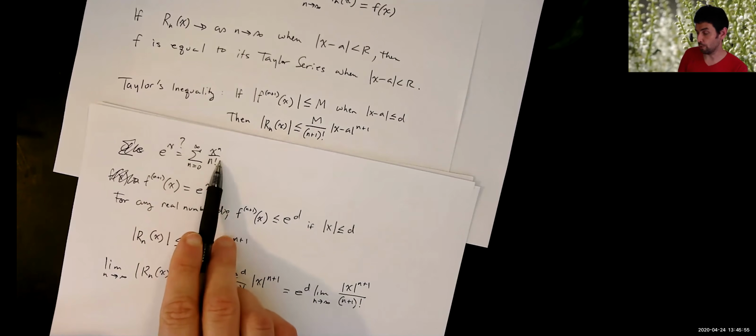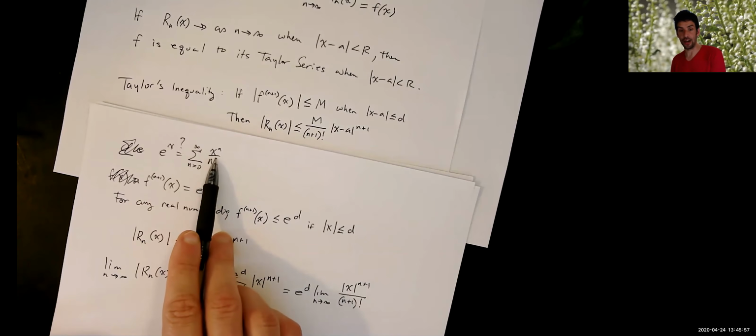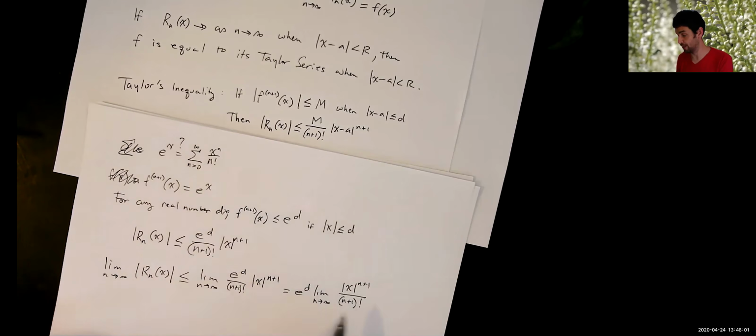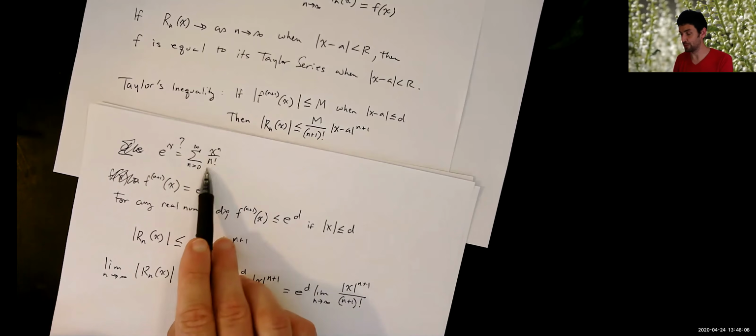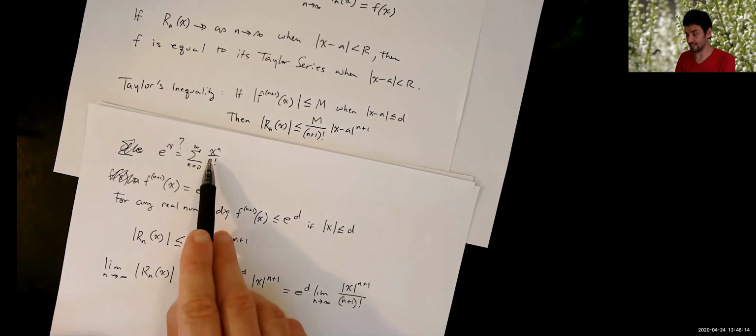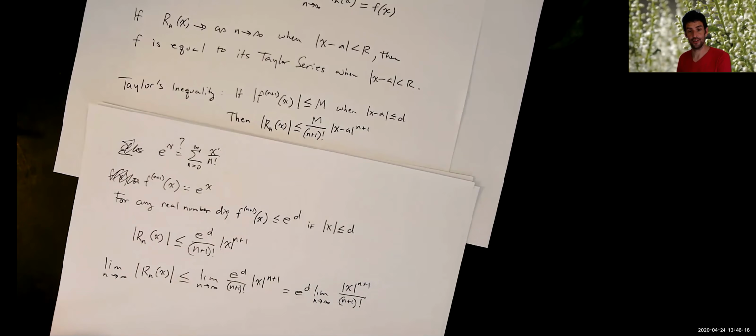A series only converges if the sequence of its terms goes to 0. This is the sequence of its terms. I've gone to n plus 1 and n plus 1, but it's the same thing. We're going to infinity, so they're both getting large at the same time. These must go to 0 because this series converges for all x, okay?